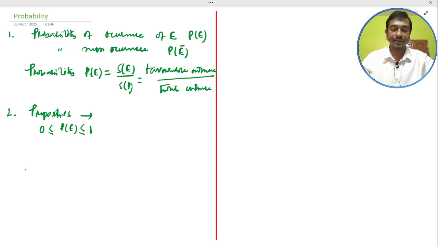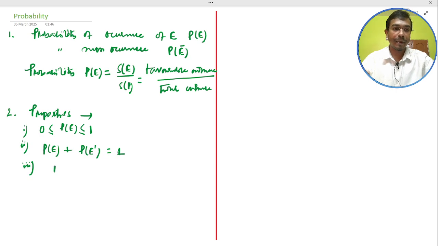Number 2: P of E, the probability of occurrence, plus the probability of non-occurrence, P of E bar or E complement or E dash, is equal to 1.